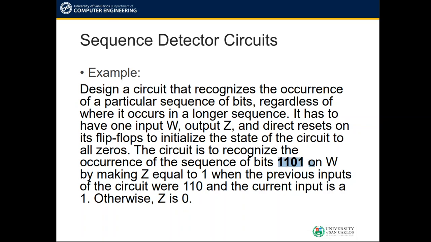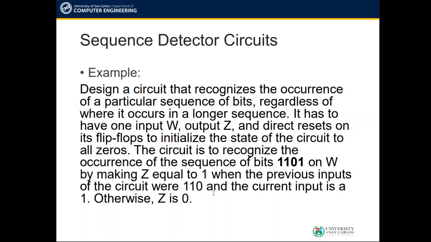We input this sequence on the W input, and the output Z equals 1 when the previous inputs of the circuit were 110 and the current input is a 1. So it only becomes 1 if the value is 1101. Again, we have only a 1-bit input, so how can we store these 3 binary bits 110?